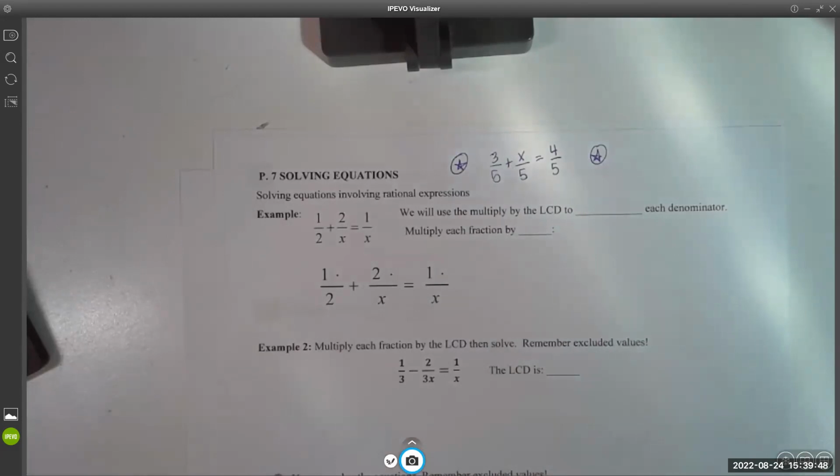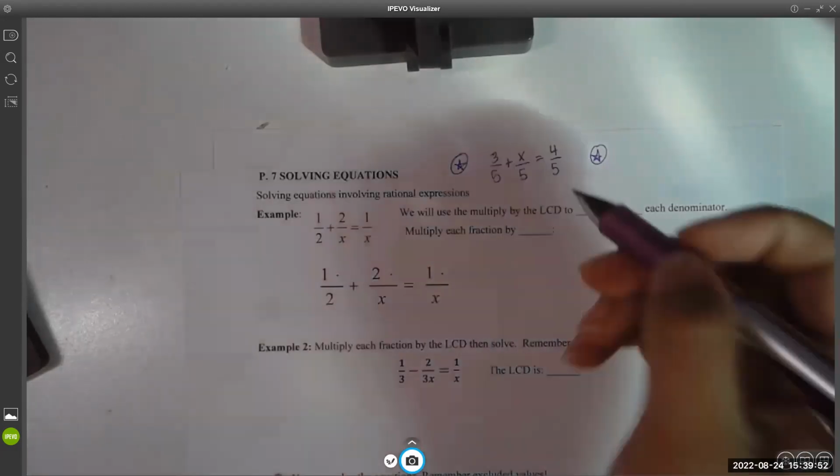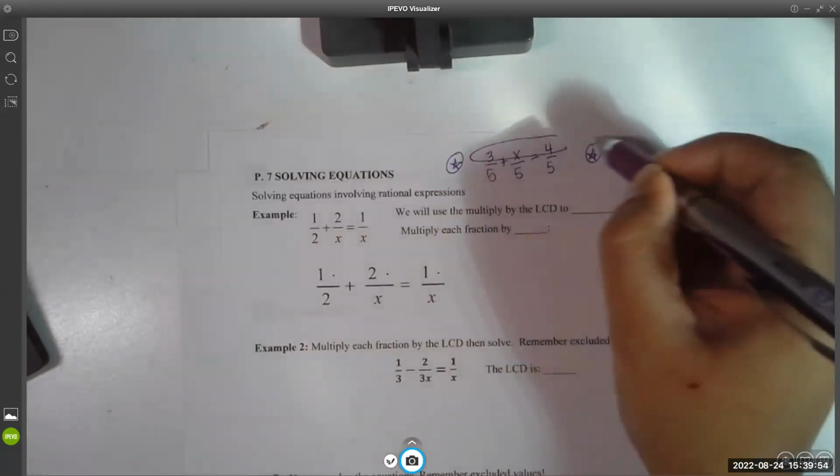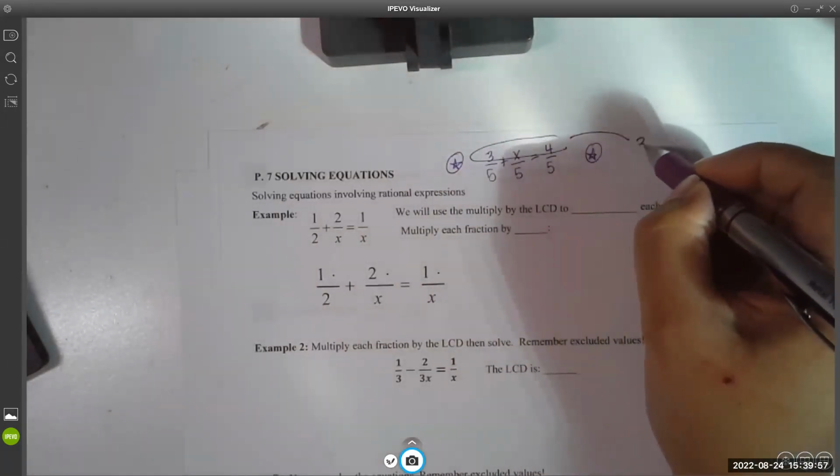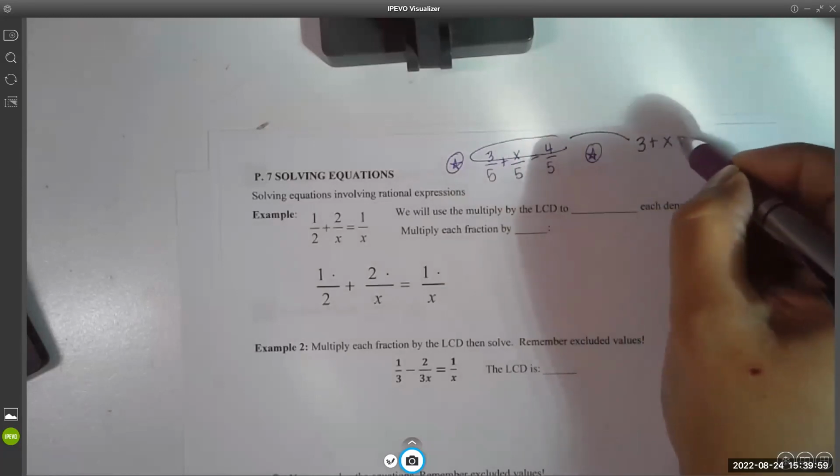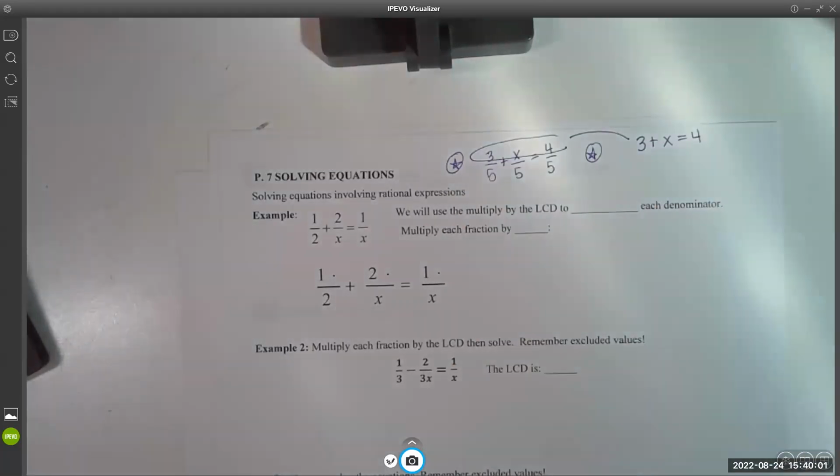You can basically ignore the denominator in a case like this, and you're solving the equation 3 plus x equals 4, and then 1, right? Because you guys are advanced.